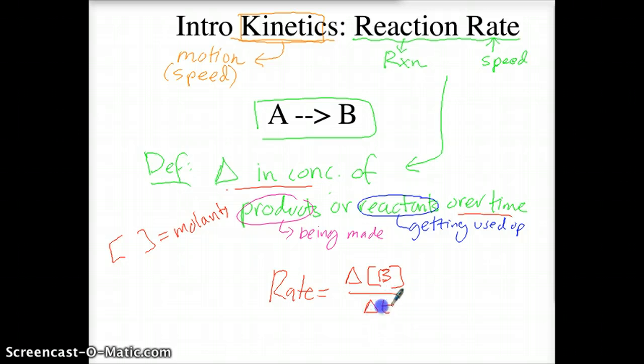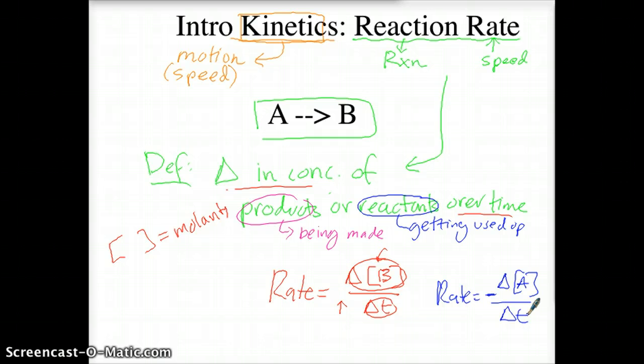The change in time, delta T. So we can measure either the change in concentration of products over time or the change in reactants over time. Quick thing to think about, products, this is going to be a positive rate because products are being made. However, if we were to write the rate expression for the reactants, it would be negative change in concentration of A over change in time because the reactants are getting used up.